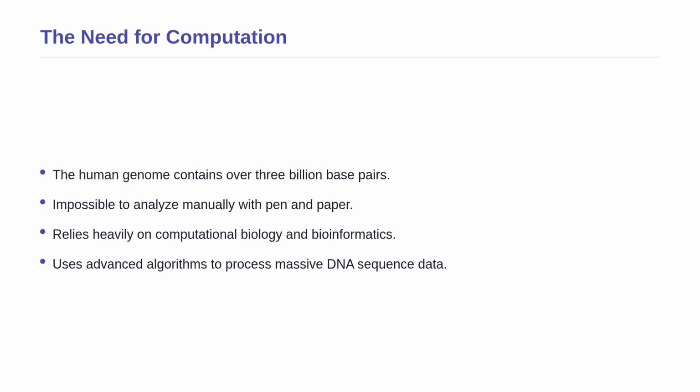Therefore, genomics relies heavily on computational biology and bioinformatics. We must use powerful computers, advanced algorithms, and sophisticated statistical models to process, store, and interpret these massive amounts of DNA sequence data effectively. Without computation, modern genomics would simply not exist.